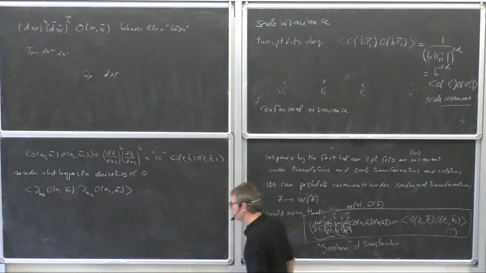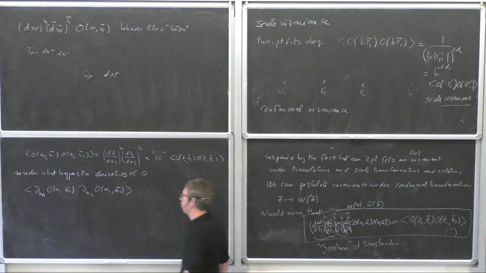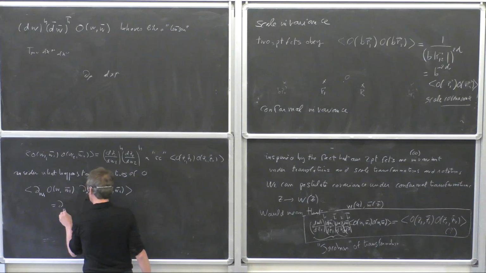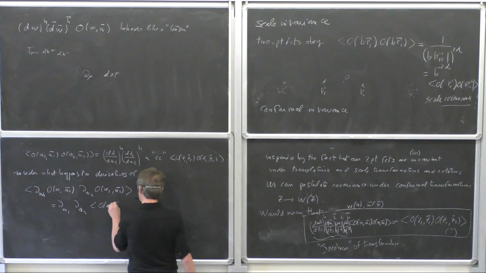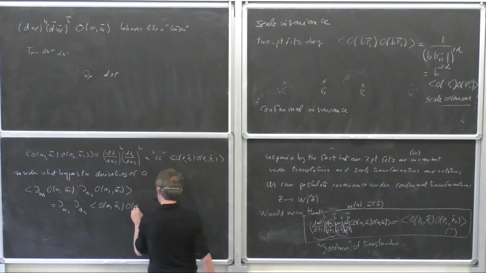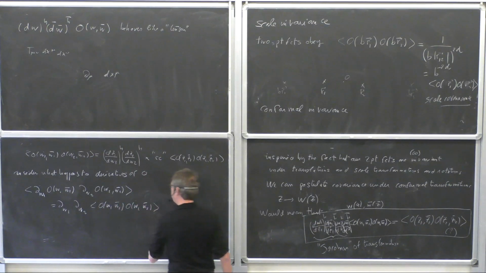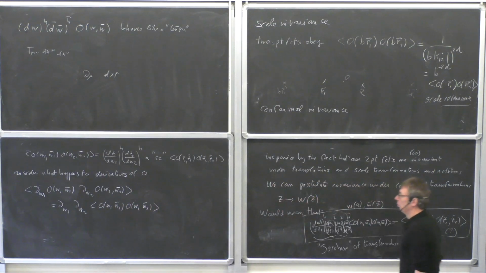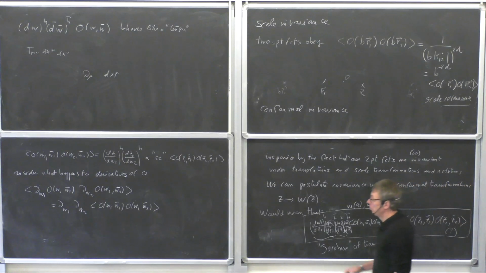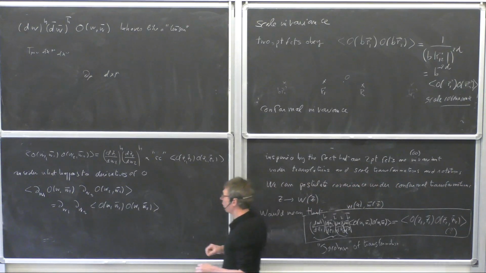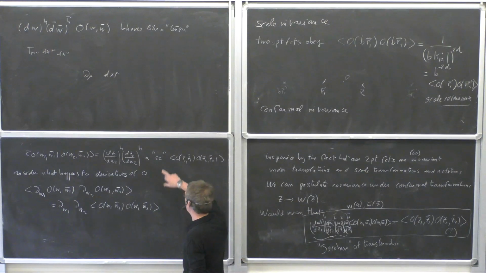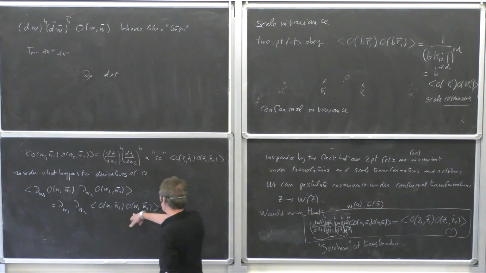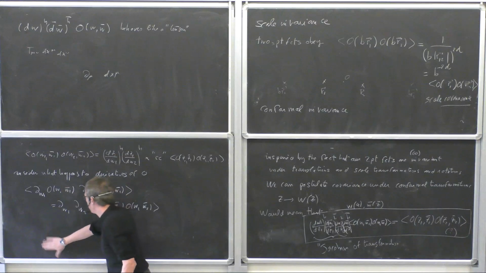Really, what we mean when we write something like this is just dw1, dw2 of O of w1, w bar 1, O of w2, w bar 2, which I could measure experimentally by looking at the differences between correlation functions at some point and at some neighboring point.